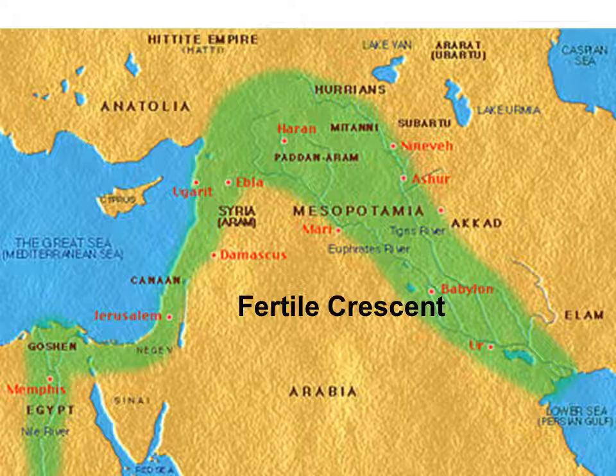The next civilization talked about is the Sumerian civilization. This green-shaped area on the map of the Middle East is called the Fertile Crescent because there was enough water to support agriculture, and surrounding it was sandy desert.